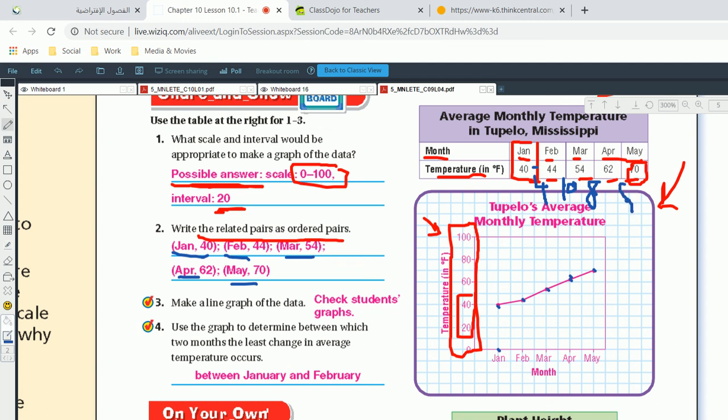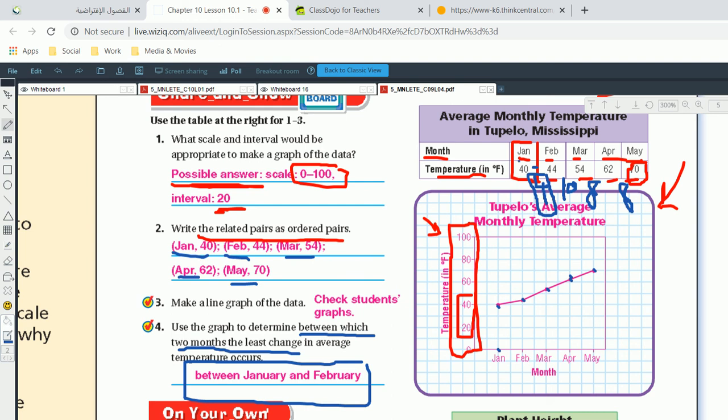So where is the least number? It is 4. Which 2 months is it between? Between January and February, because he is asking about between which 2 months the least change occurs.